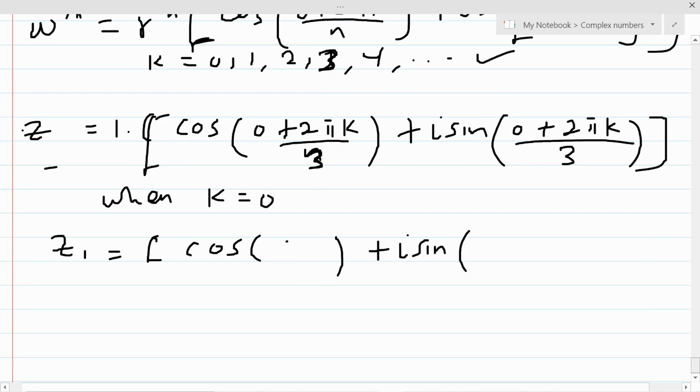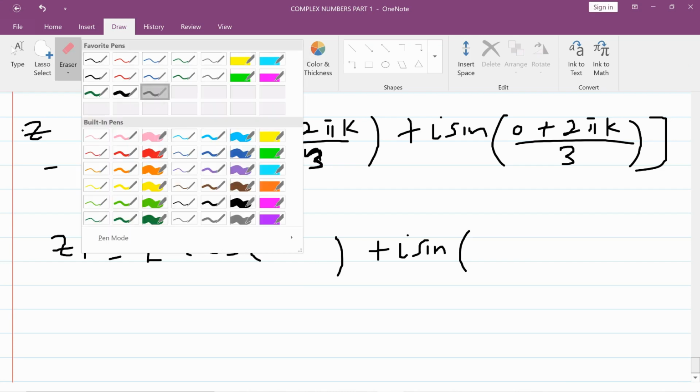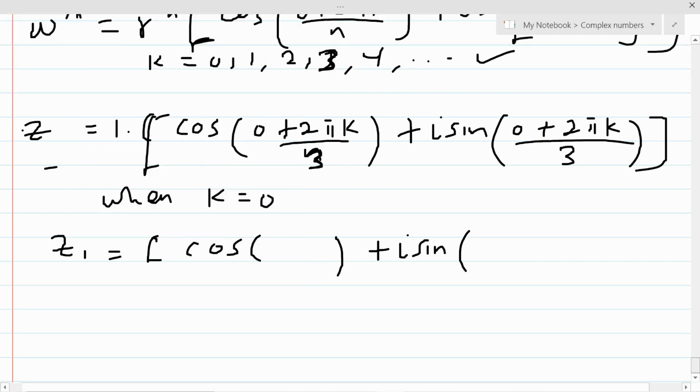If k is equal to 0, then if I put 0 in place of k, I will get 0 plus 2 pi times 0, which is 0. So cos of 0 and i sine 0. Now z1 will give us what? Cos of 0 is what? 1. And sine of 0 is 0, so z1 equals what? 1. That is our first solution.